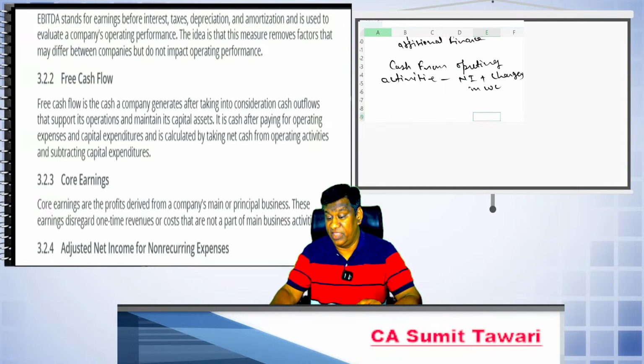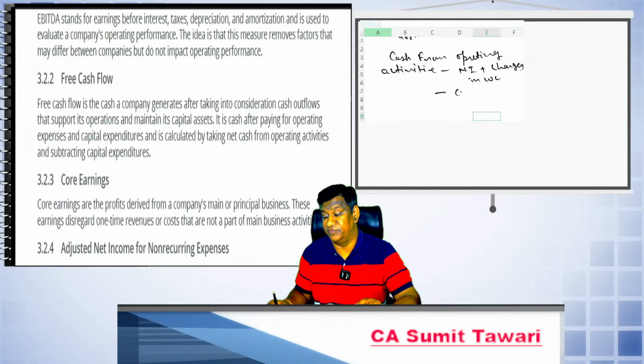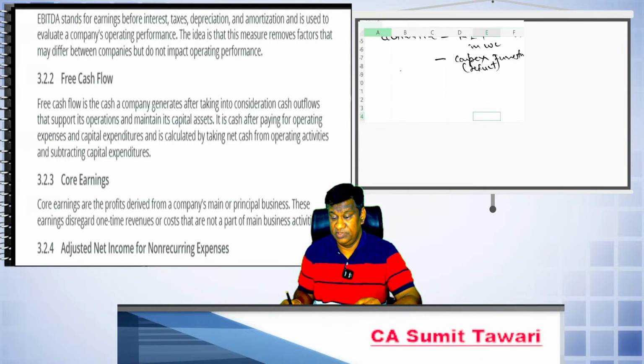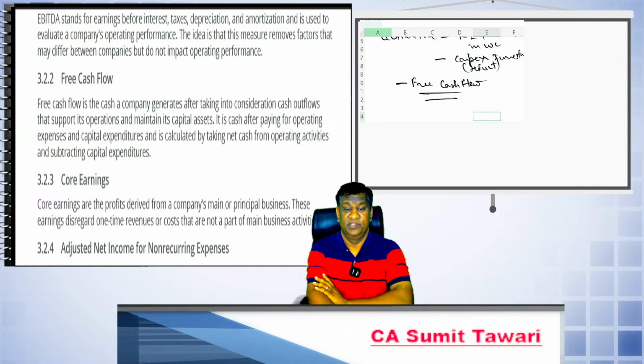Then if there is any additional capex investment, that you also need to deduct. Capex investment you need to deduct. This will give you the free cash flow. That you need to keep in mind.